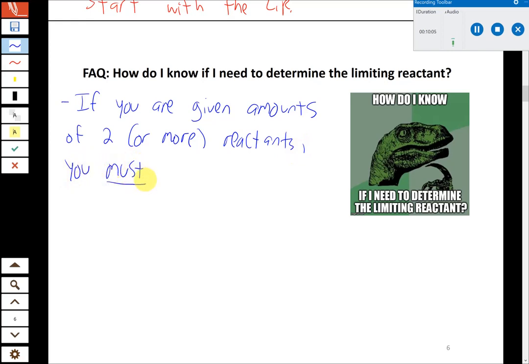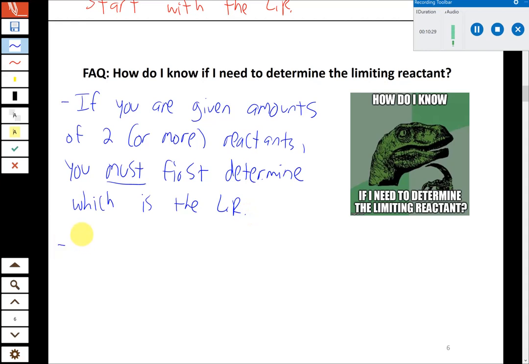All right. So you could get lucky and guess, but I wouldn't recommend that because you have a 50% chance of being wrong if we give you two reactants and you're just trying to guess what the limiting reactant is. So make sure you do the proper steps using either approach that I've outlined today to make sure you know what the limiting reactant is, and then you know what the correct one to start with is when you're doing your calculations. So that's when you need to figure out what the limiting reactant is.